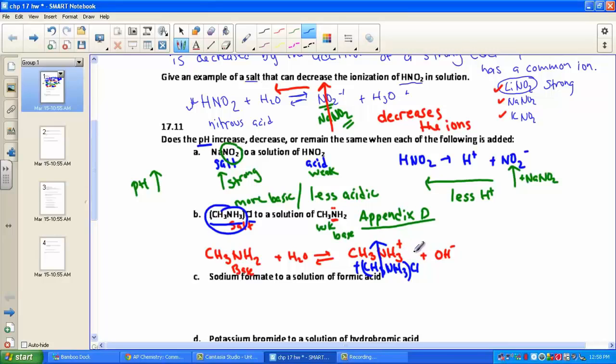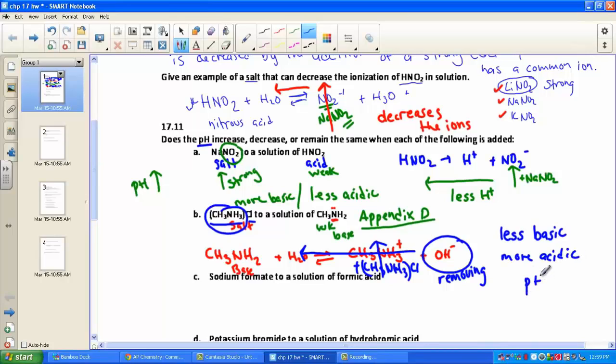Of course, Le Chatelier says that equilibrium will now push left. And if I'm pushing left, we're removing hydroxide ions. Removing OH ions makes the solution become less basic, or you can think of it as more acidic. And what happens to the pH? It begins to fall toward the acid range.